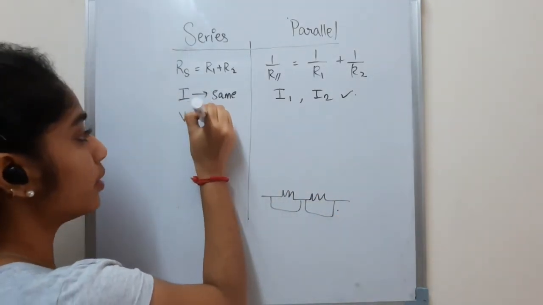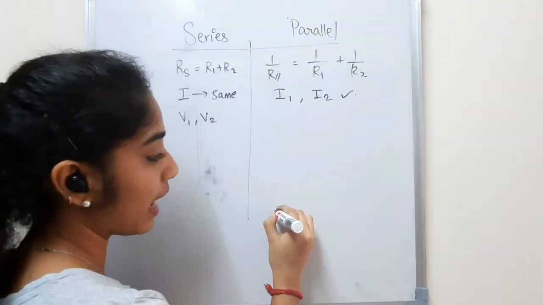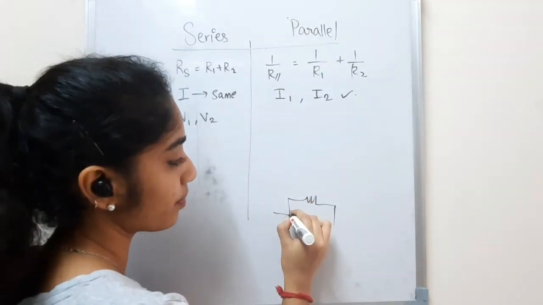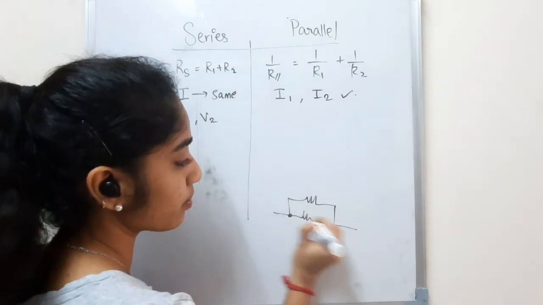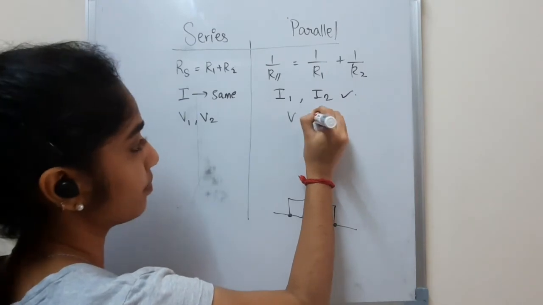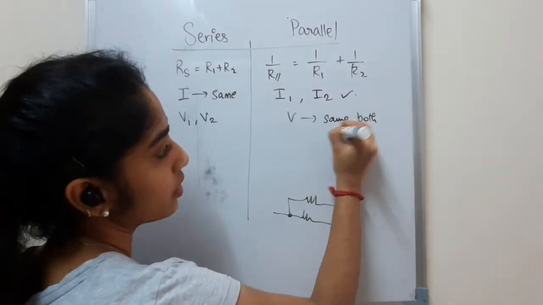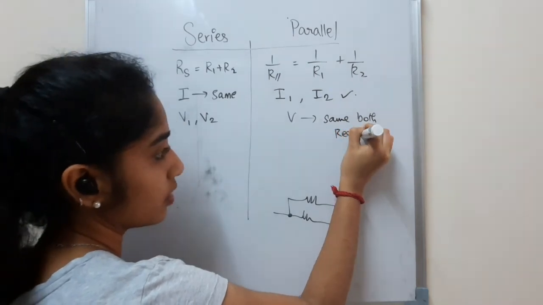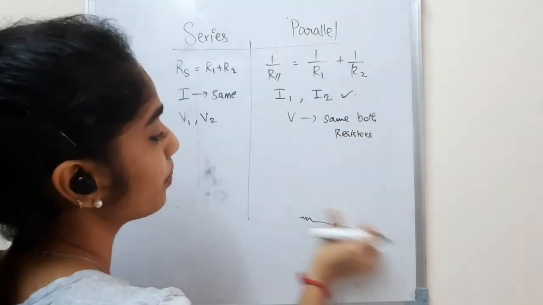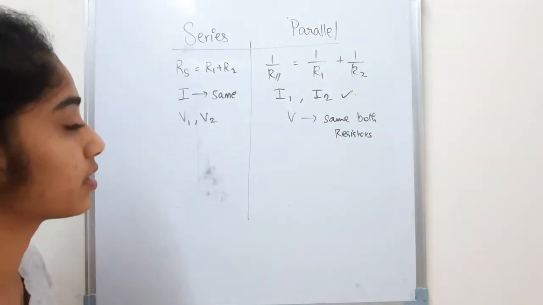So you have V1 and V2, and for parallel you have the same voltage across them because you're measuring between the same two points. So you just have V. So V is the same for both resistors. So this is how you have to remember for series and parallel resistors.